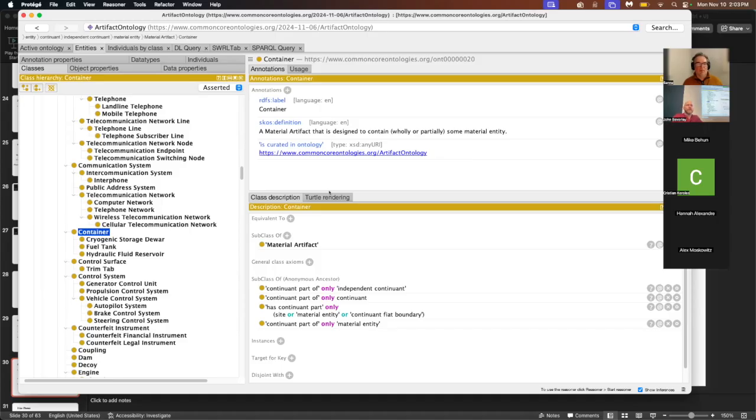There's another strategy that's employed, I think, more often in the biomedical context, which is that classes are typically used in textual definitions to pick out canonical entities. Instead of saying a container is designed to blah, blah, blah, it's just implicit that a container, as you're describing here, is the canonical container.